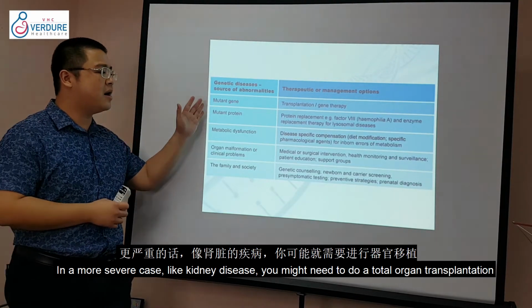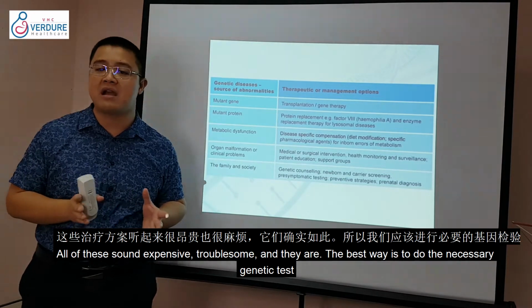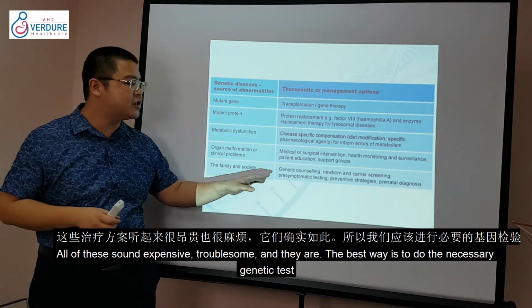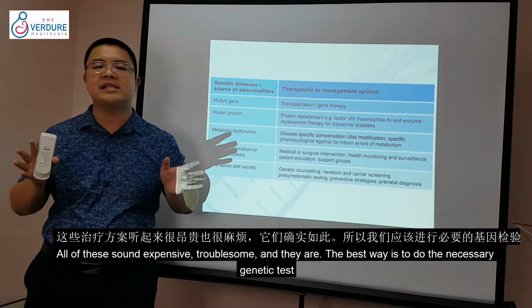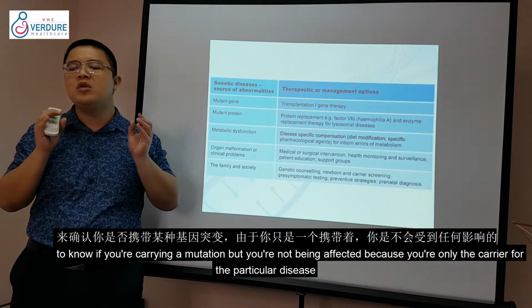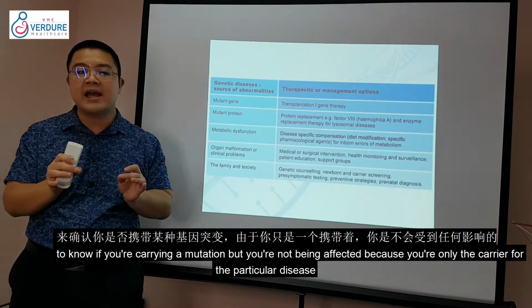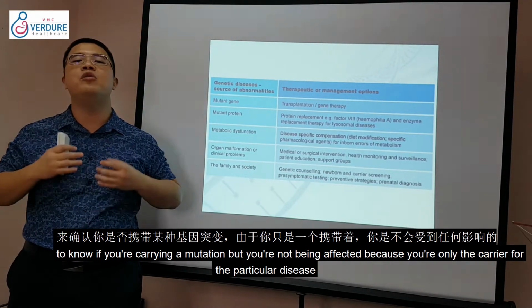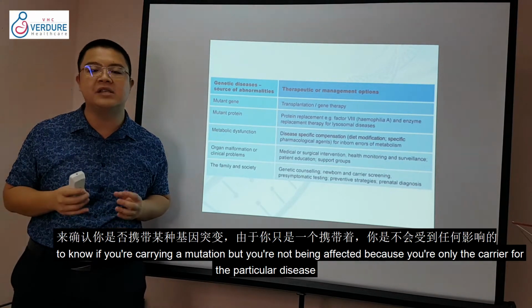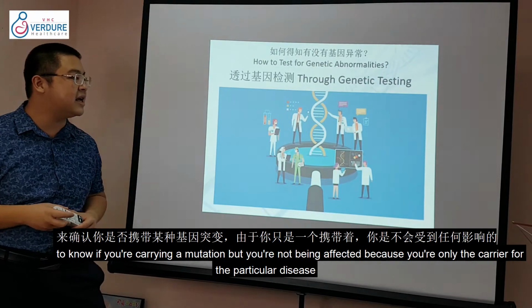Yeah, so okay, all of these sound expensive, they sound troublesome, and they are. So the best way is to do the genetic test necessary to know whether you yourself are carrying a particular mutation, but it will not affect you at all because you are only a carrier of that particular genetic disease.